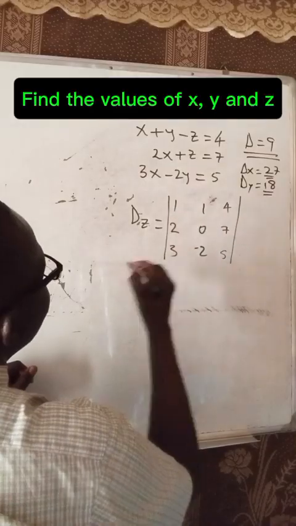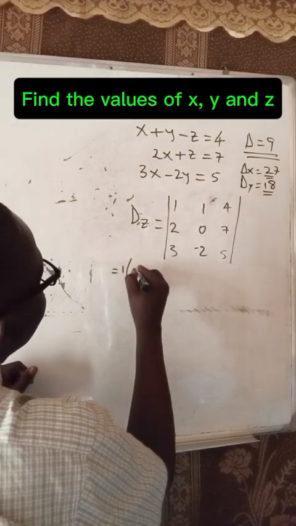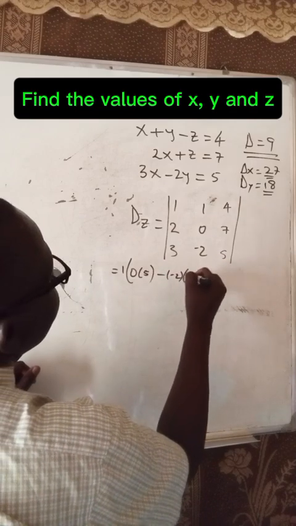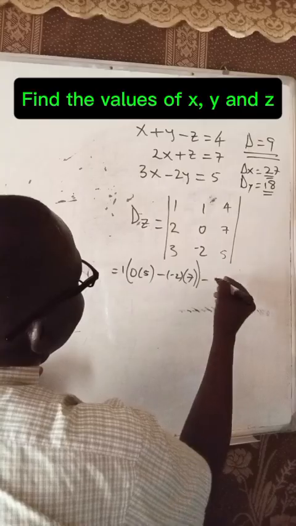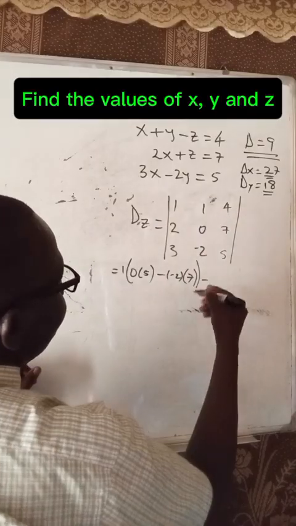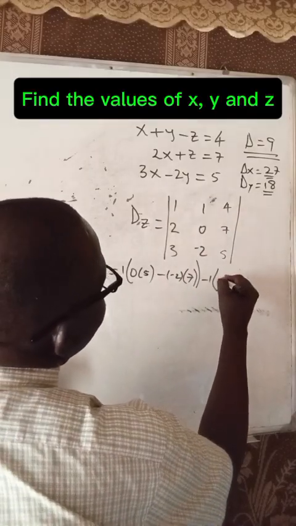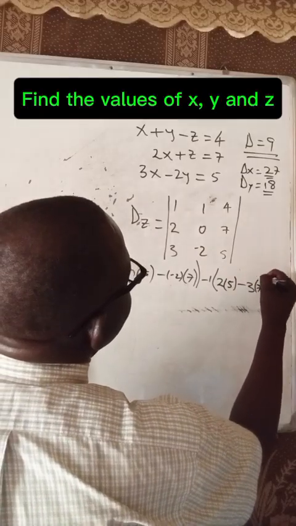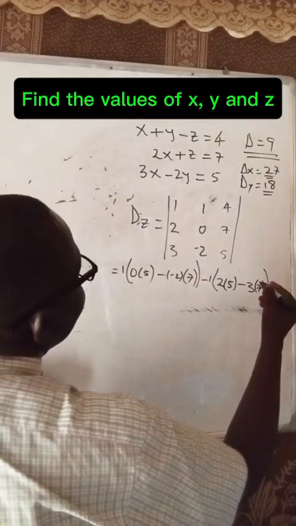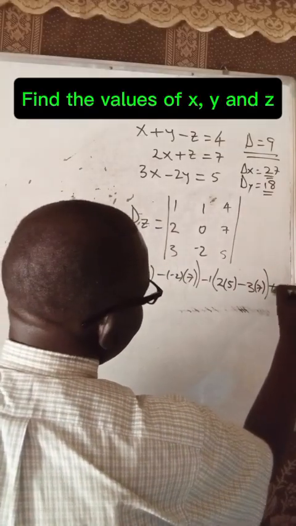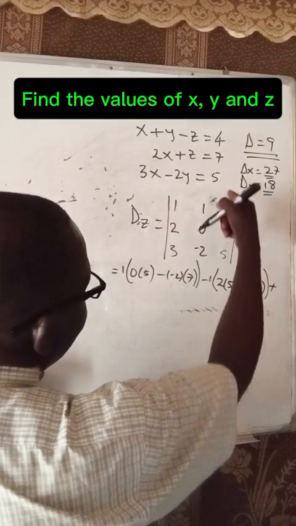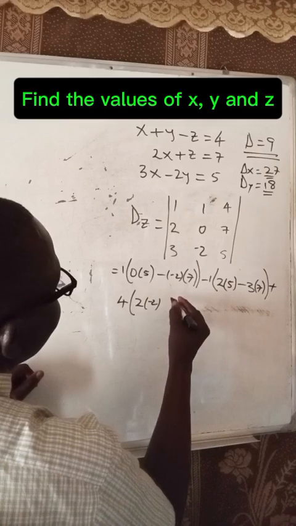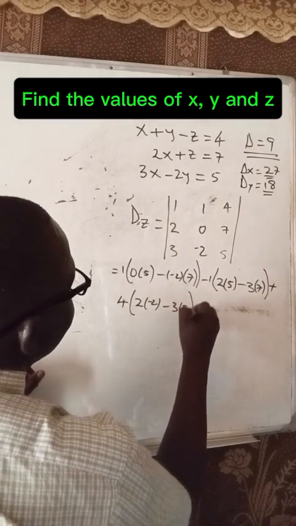Now, deleting the first row, we will have 1 times (0 times 5 minus negative 2 times 7), minus, deleting the first row and the second column, 1 times (2 times 5 minus 3 times 7), and plus, deleting the first row and the third column, 4 times (2 times negative 2 minus 3 times 0).